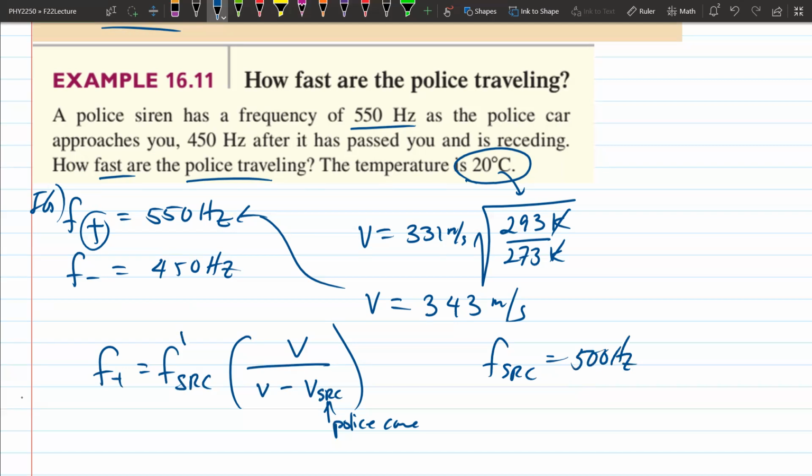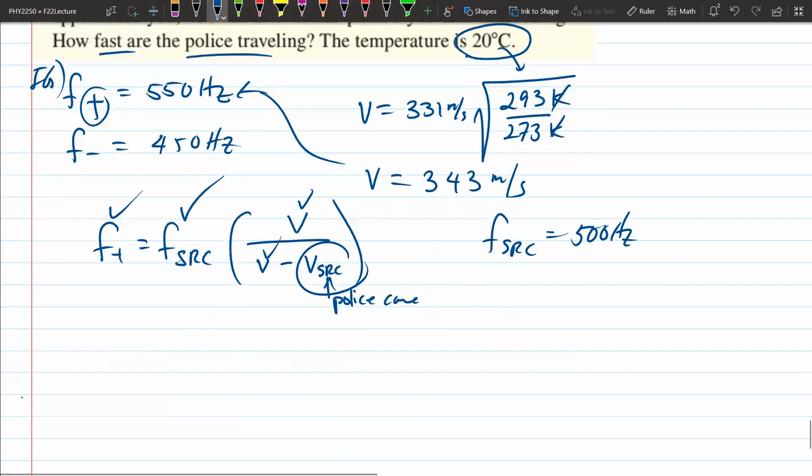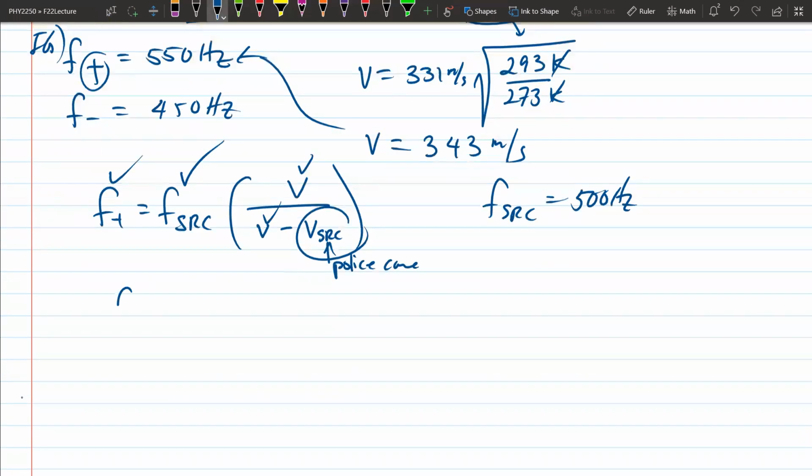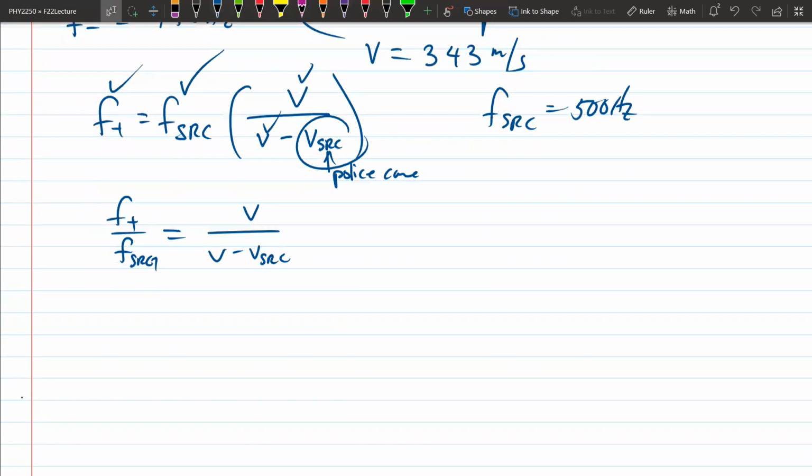Okay. So we got all of these, so we can just solve this equation for V source. F plus over F source is going to be V over V minus V source. Unfortunately, there's a little bit more algebra involved here. I have to multiply both sides by V minus V source, and that cancels this.